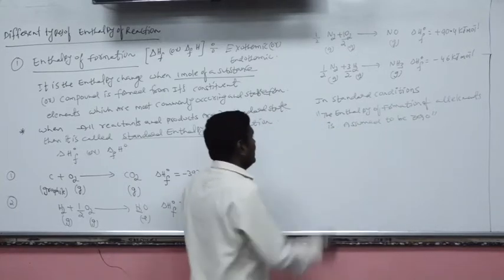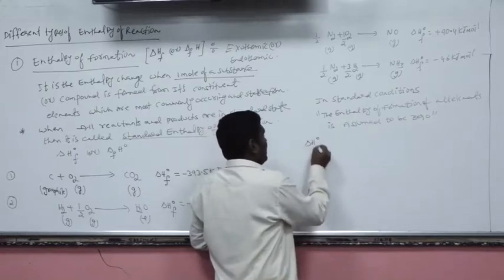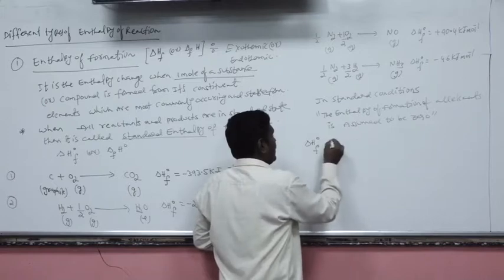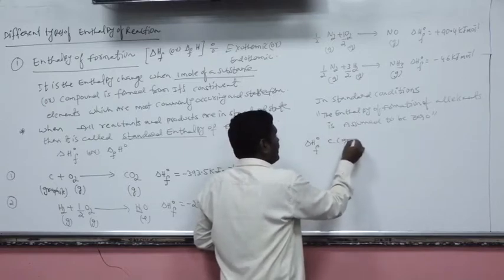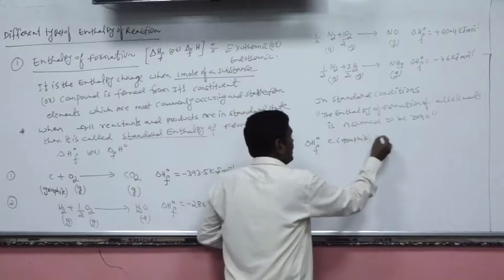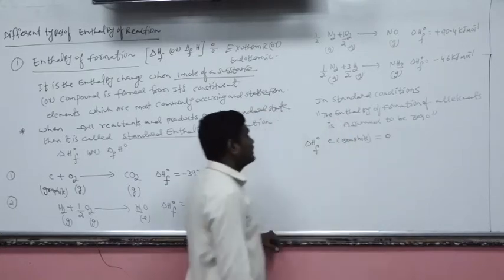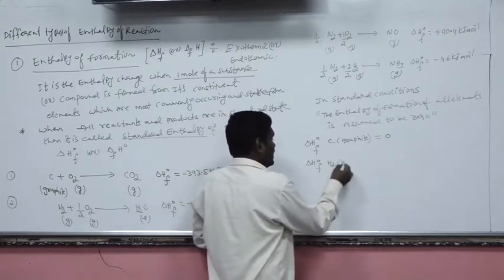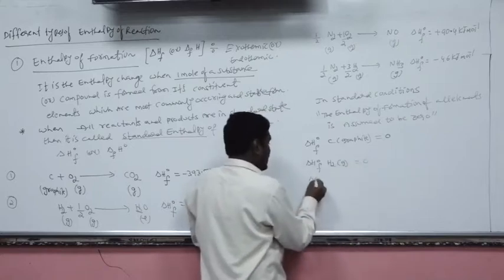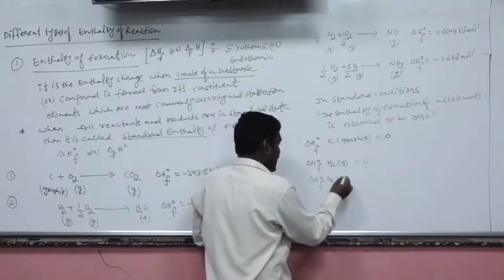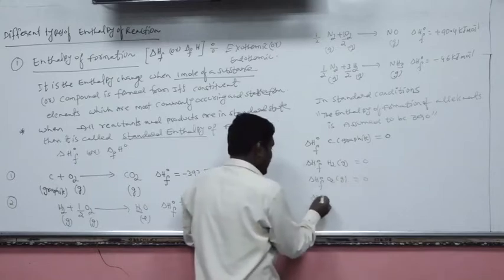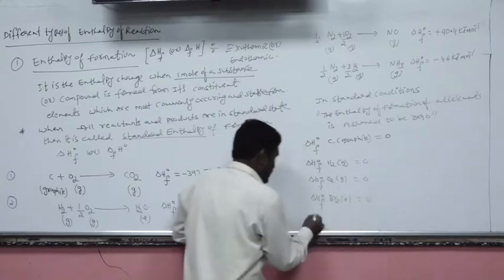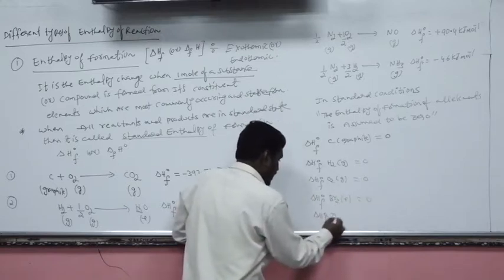That means the standard enthalpy of formation of graphite, what I am writing here, graphite, is taken as 0. Now, the standard enthalpy of formation of dihydrogen, of dioxygen gas, of bromine liquid, of I2 solid.